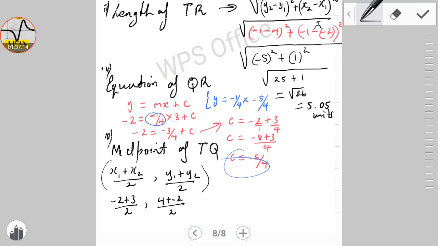So that's minus 2 plus 3, that's equal to 1 over 2, comma, 4 plus minus 2 is 2, and 2 over 2 is equal to 1. So my midpoint here is (1/2, 1), or 0.5, 1. So that's my midpoint. All right.